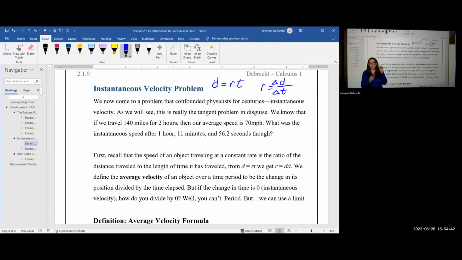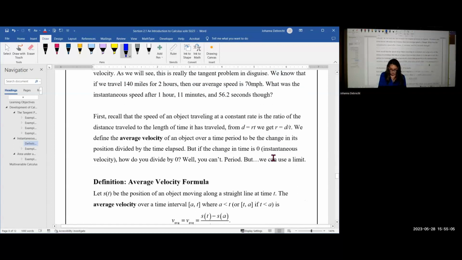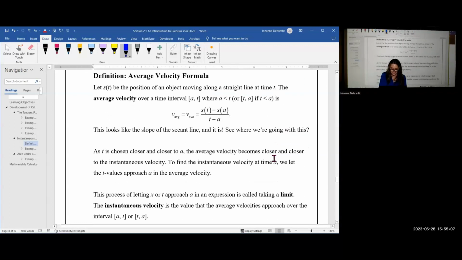Yeah, it's a problem. It's 0. Now, this baffled physicists and scientists for a long time, and they couldn't come up with a way to get around it, to get the exact velocity of something until Newton and Leibniz came up with the idea of the limit. So let's see why this is actually that tangent line problem in disguise.